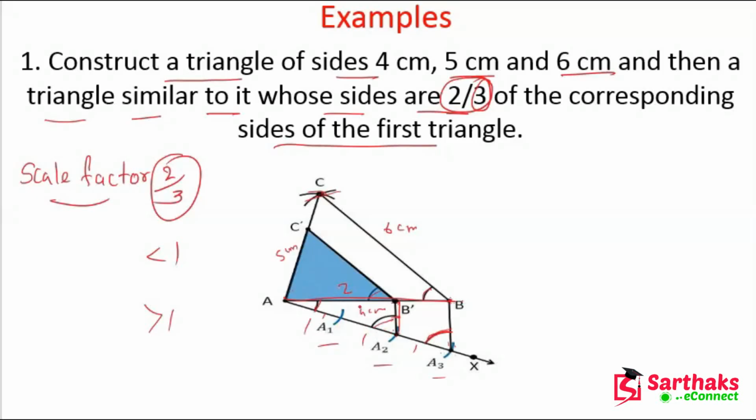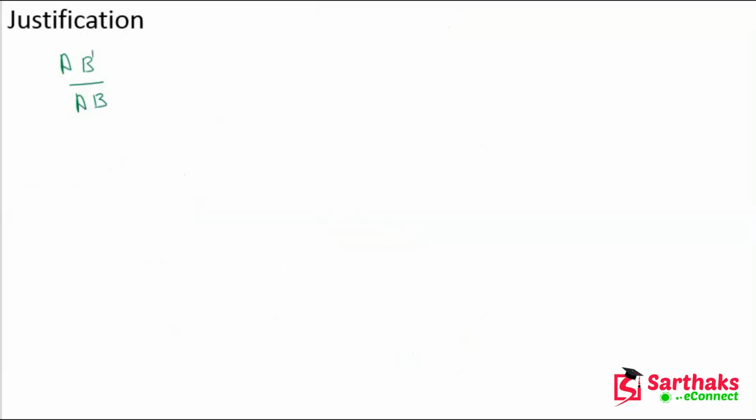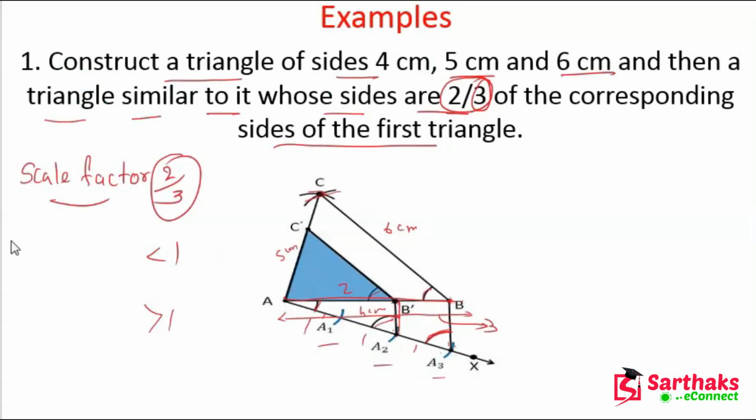So this is 2 and the whole length is 3. So we can write it as 2 upon 3. Similarly, B dash C dash upon BC will give again 2 upon 3.